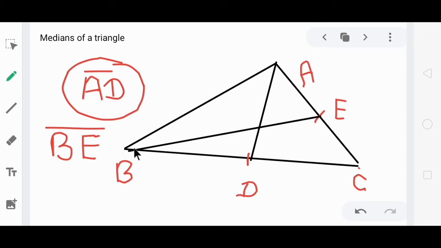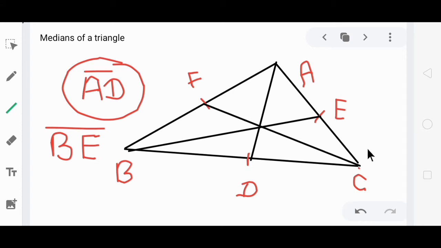We have BA, the third side of the triangle, and the midpoint of this side is F. Now if we join this F to the opposite vertex, and for AB the opposite vertex is, just next to it, C. So if we join this C and F, we get another median of the triangle.